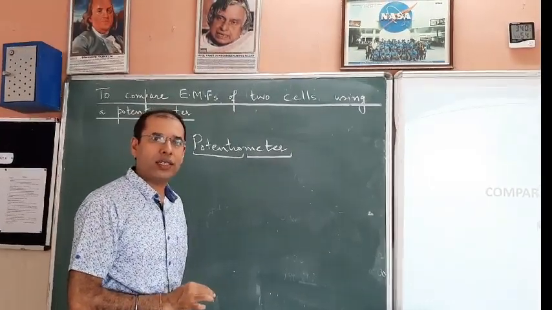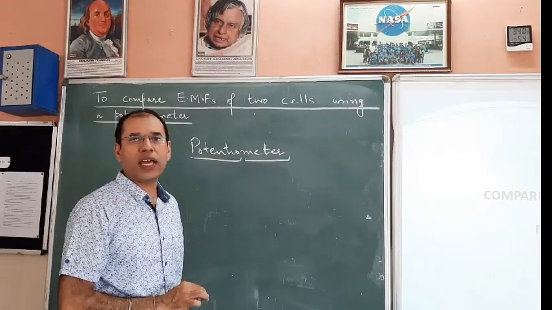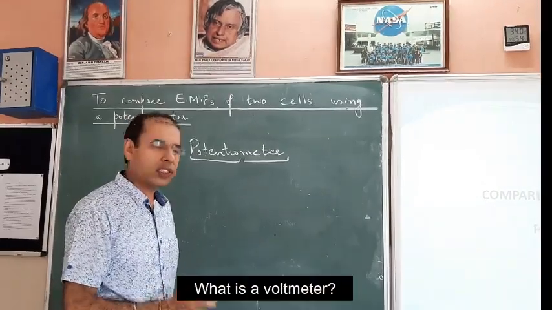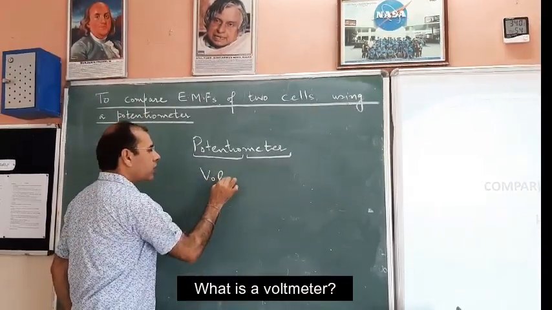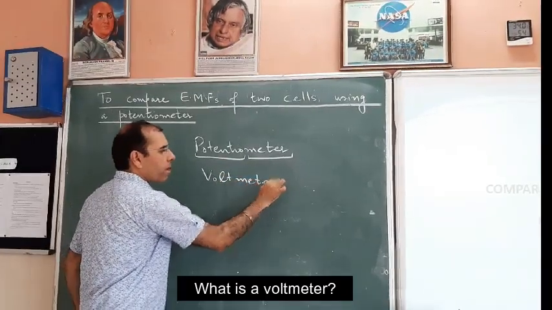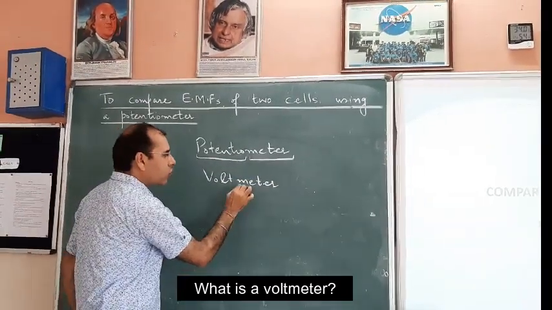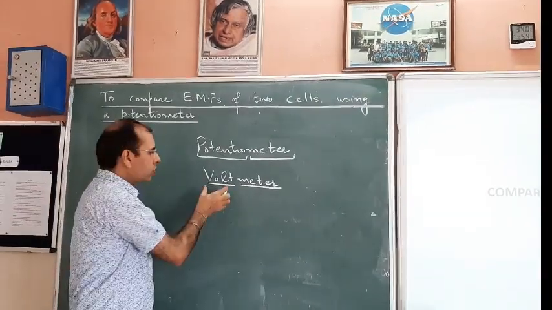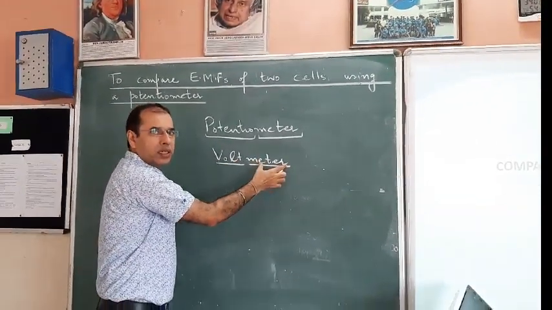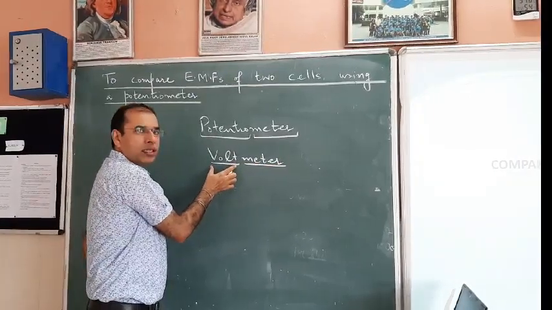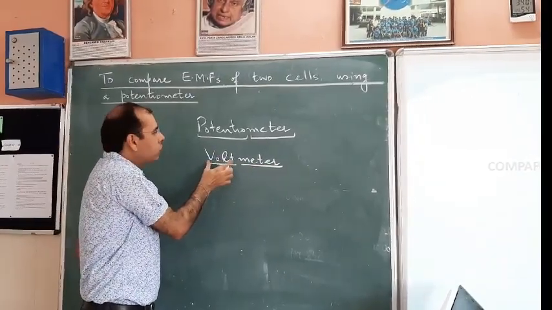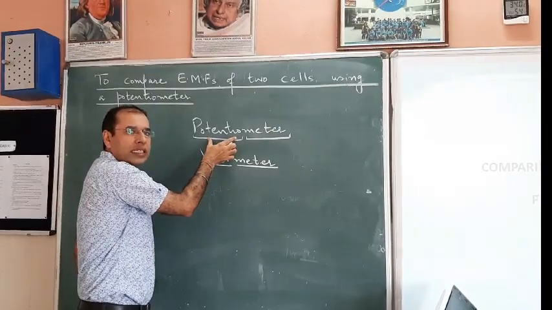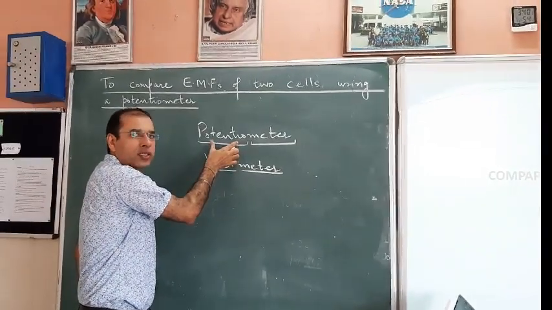Now, a question arises: if this is a device for measuring potential difference, then what is a voltmeter? It is a device used for measuring voltage. Voltage is a term used at several places instead of potential difference.